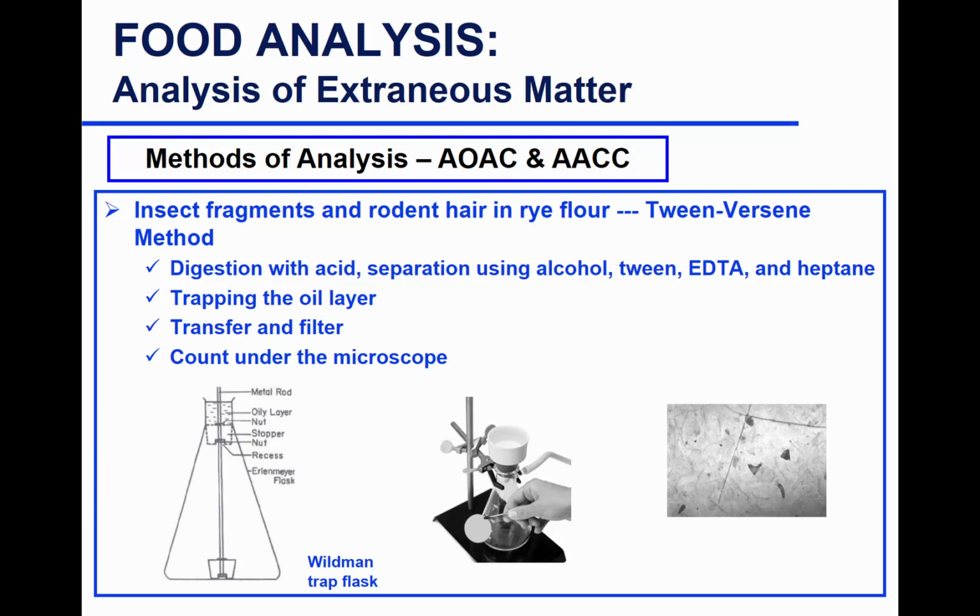A certain quantity of oil versus aqueous is added so that when you pull that tube out, the oil layer is separated from your aqueous. You take that oil layer, filter it, look under the microscope and count.